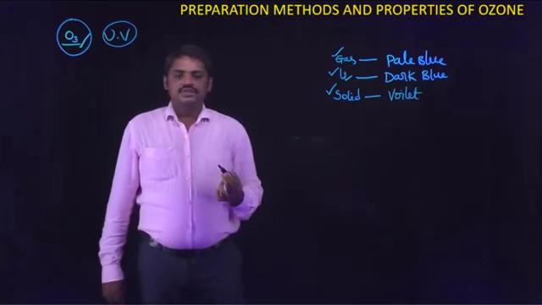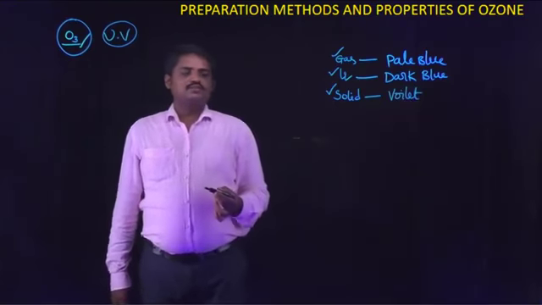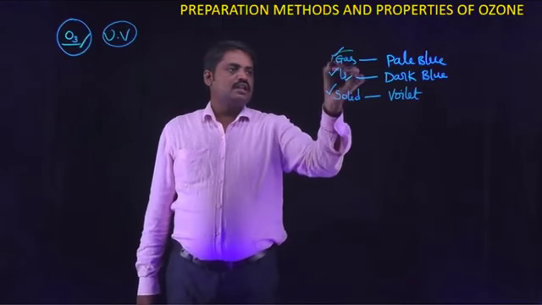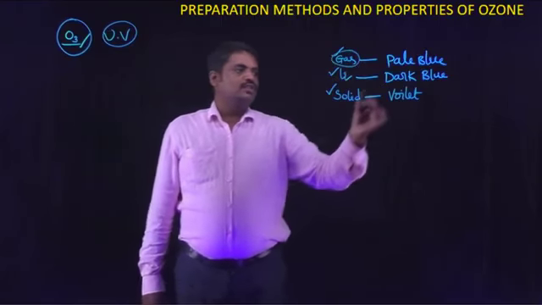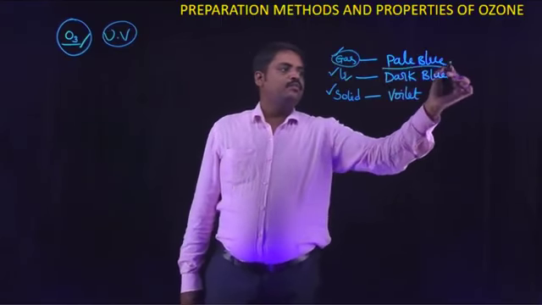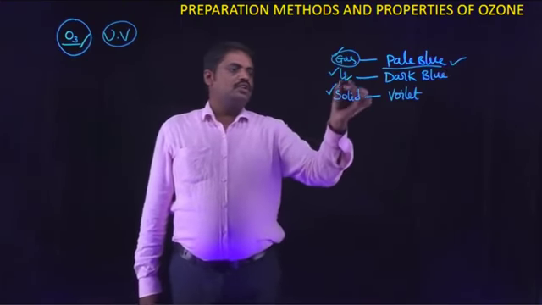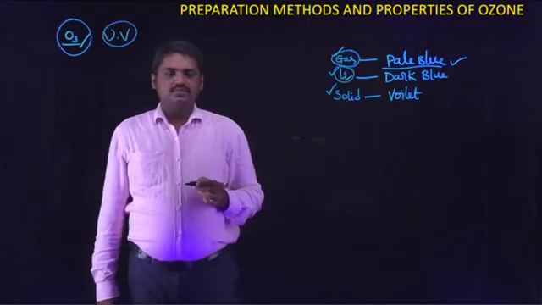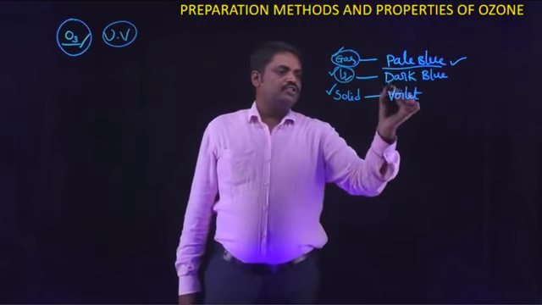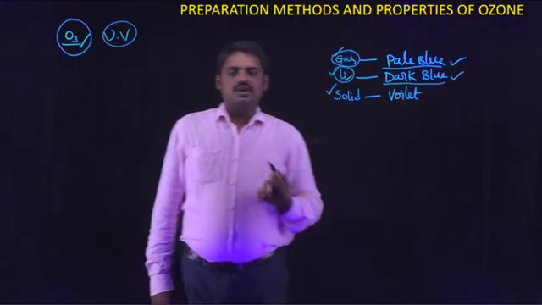Generally, the ozone molecule exists in three forms in nature. First, the gaseous form exhibits a pale blue color. Next, the liquid state ozone molecules exhibit a dark blue color.